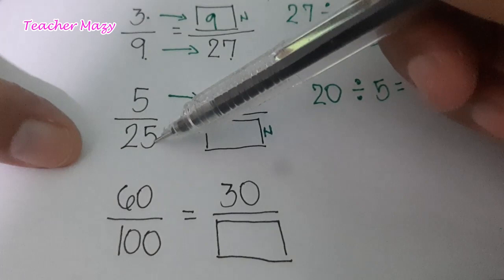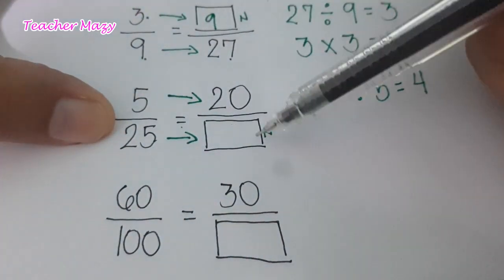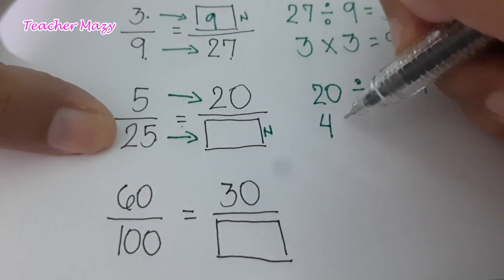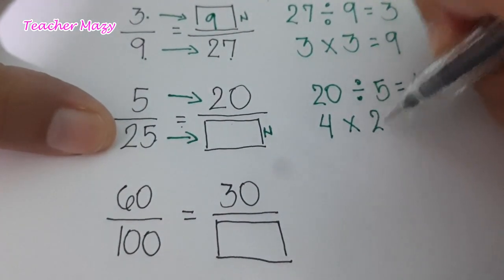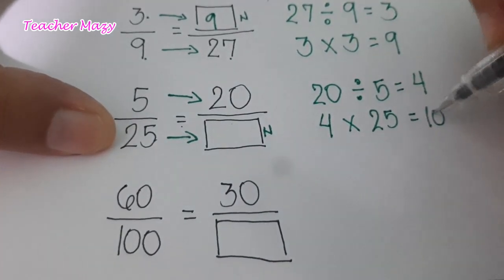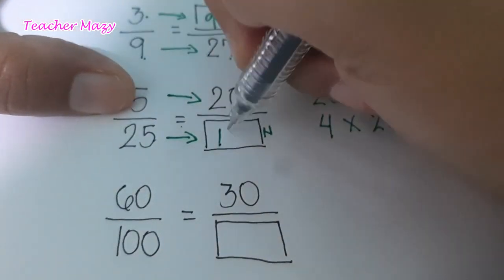And then multiply it by the number horizontal to the missing term. So that is 4 times 25, that is equal to 100. That means the missing term here is 100.